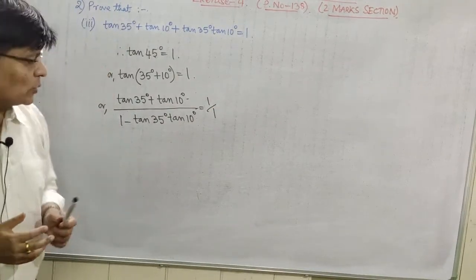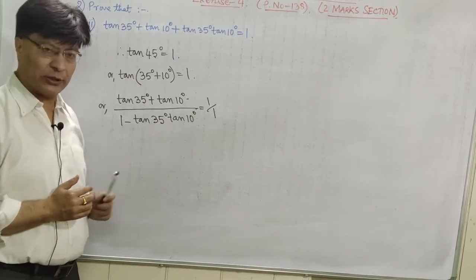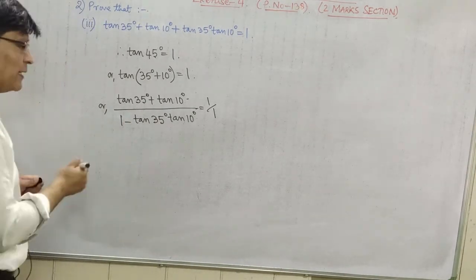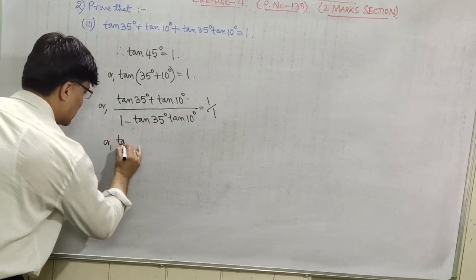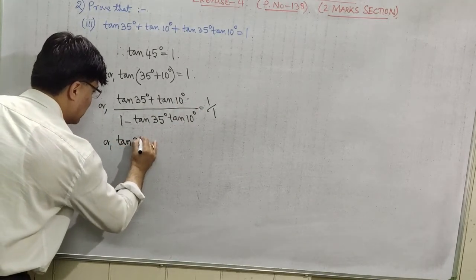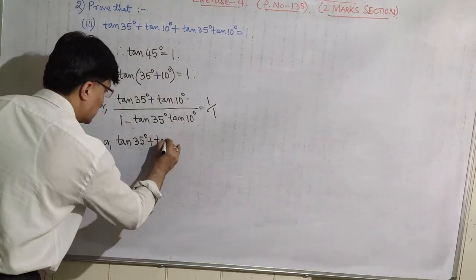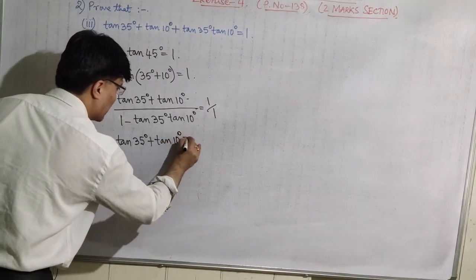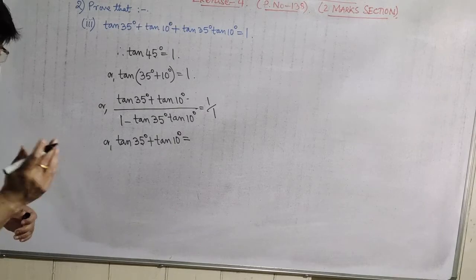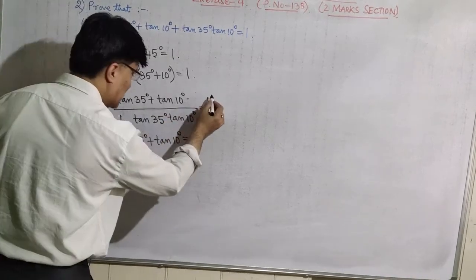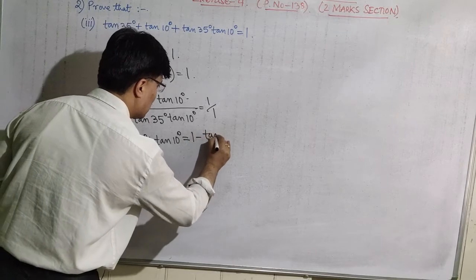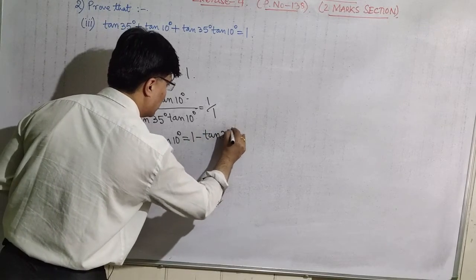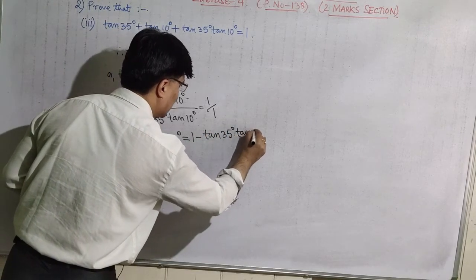Okay, so now let us do cross multiplication. So cross multiply by 1 here, so we get tan 35 degree plus tan 10 degree, which is equal to, on the right hand side, 1 minus tan 35 degree into tan 10 degree.